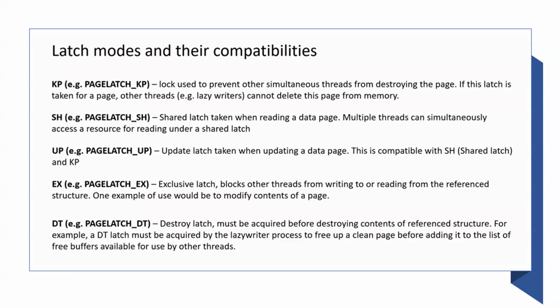If the lazy writer thread places a page latch DT lock on a page, only that page can be destroyed, not any other pages. It needs to detect first, move to the next, and place a lock. Which lock? The DT lock, the destroy lock. Until it places it, it never flushes the page from the buffer.